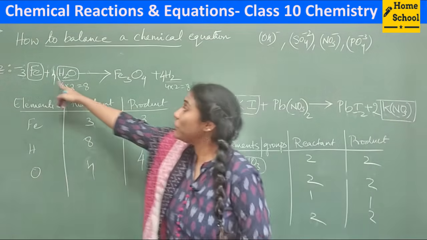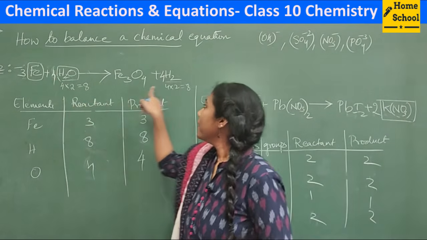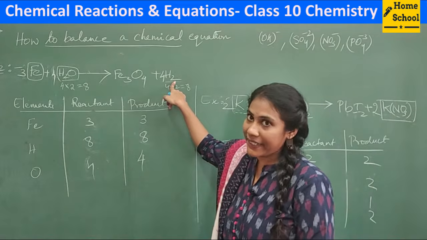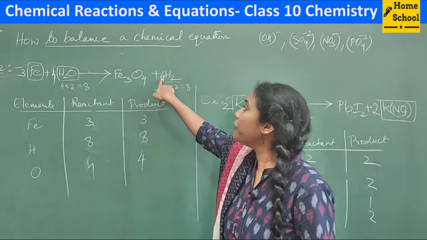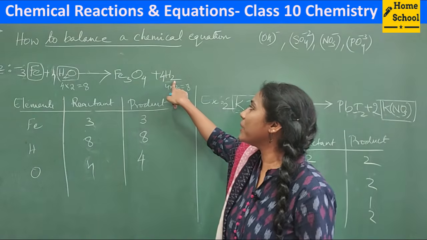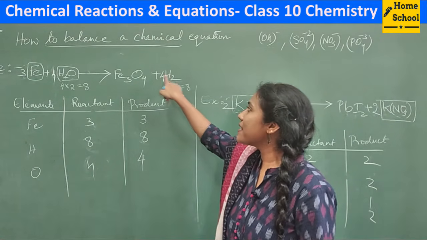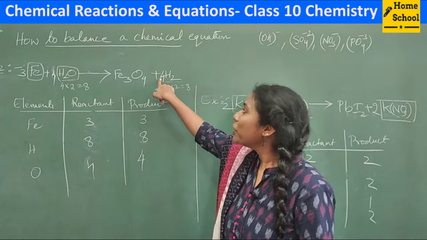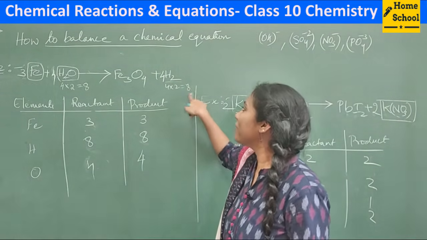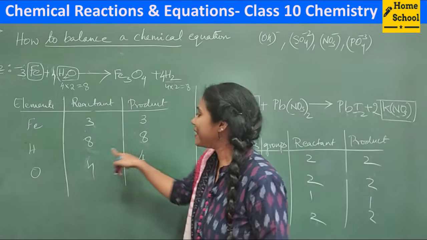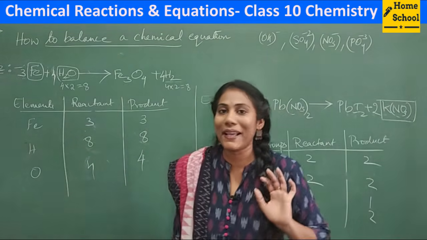So here you need to make 8. Right? Already 2 are there. So which digit will you put? If you put 2, what happens? 2 into 2, 4 it becomes. If you put 3, what happens? 3 into 2, 6 it becomes. If you put 4, 4 into 2, 8 it becomes. Now this 8 matches with this 8. So the hydrogen atoms will get balanced.